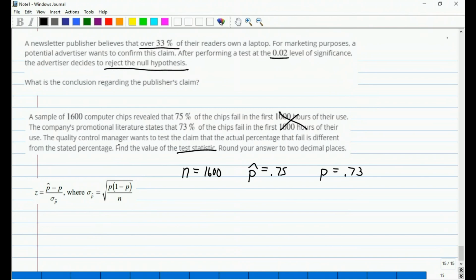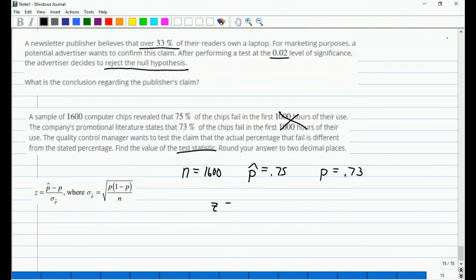It says the quality control manager wants to test a claim that the actual percentage that fail is different from the stated percentage. Now, it didn't ask us about right tail, left tail, but it appears to be a two-tailed test, even though we don't have to know that. So we're just going to find this here.